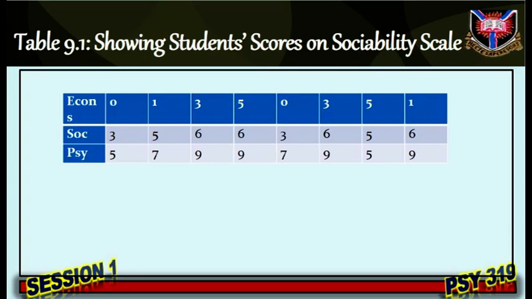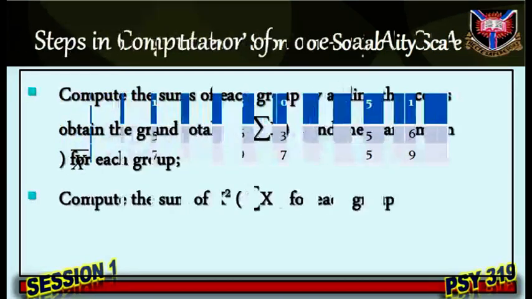The researcher then hypothesized H0: There will be no significant effect of major on sociability. H1: Psychology majors will be more sociable than economics and sociology majors. Table 9.1 below shows student scores on the sociability scale.